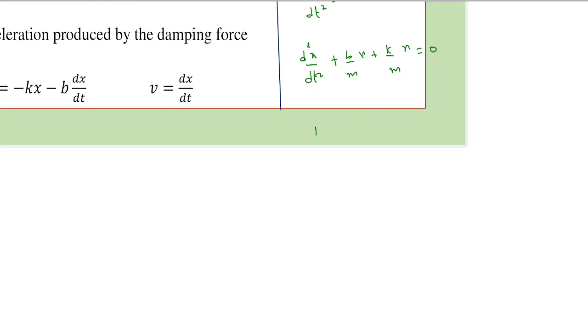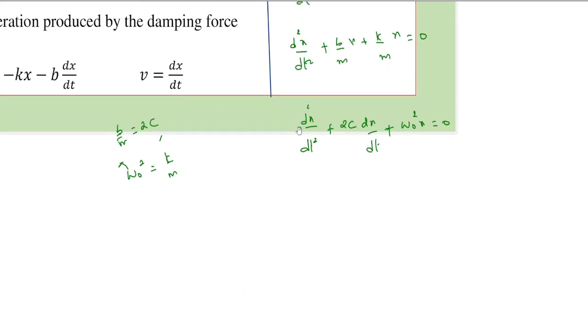To rewrite this, you can say d square x by dt square plus 2c into dx by dt plus omega naught square into x is equal to 0, where b by m is called 2c, one more constant because both b and m are constant for a given motion, and omega naught square is equal to k by m, which is called the free oscillation angular frequency.